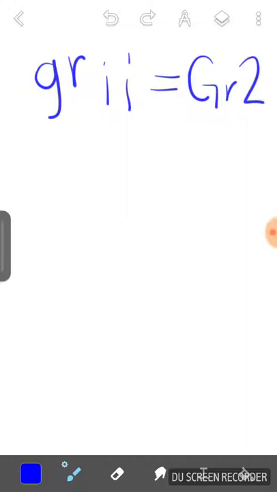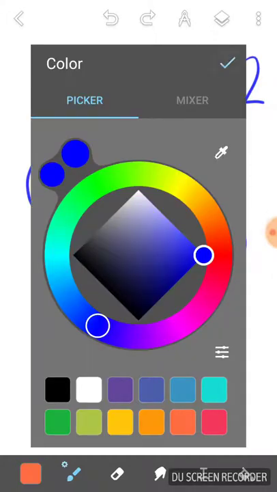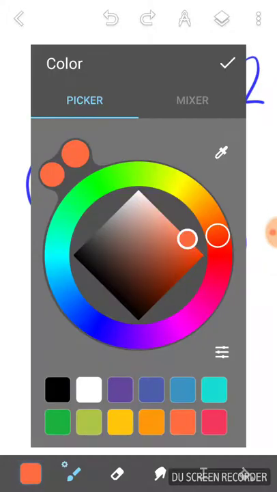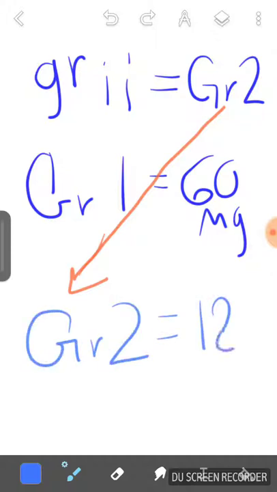Therefore, we know that since one grain is equal to 60 mg, we know that 2 grains is equal to twice as many, which is 120 milligrams. All right.